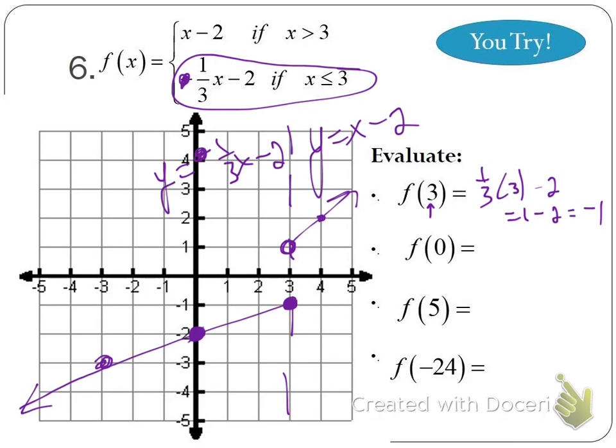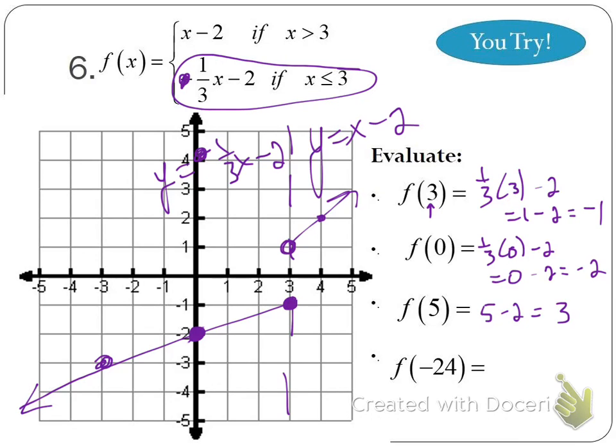F of 0. Since 0 is less than 3, I'm going to use the same equation again. 1/3 of 0 is 0. 0 minus 2 is negative 2. And then f of 5, 5 is greater than 3, so now I want to use the top line. So we go 5 minus 2, which is 3.